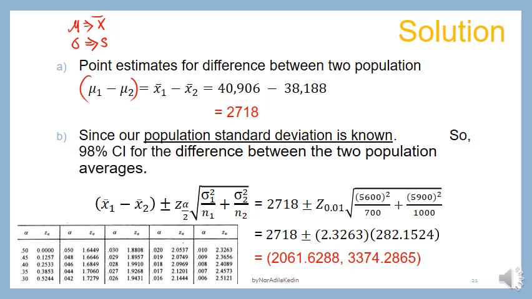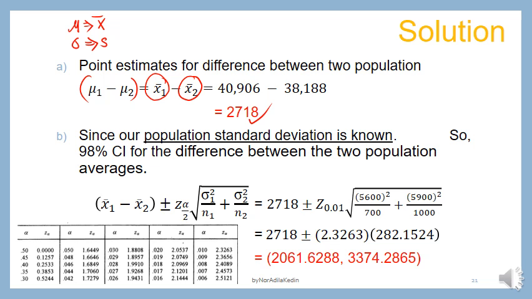Tapi kita tak ada population mean untuk dua-dua ni. So kita estimate guna x bar 1 minus x bar 2 dalam soalan dia dah bagi. So dapat 2.718 point estimate.